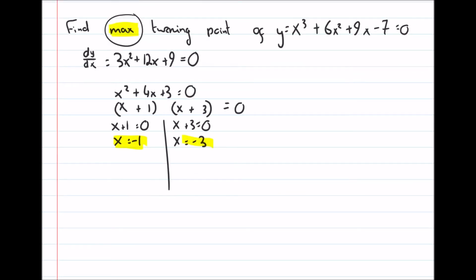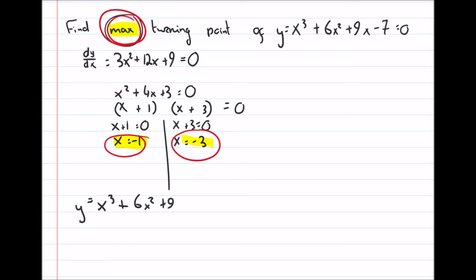Okay, so going back to this question, we have two turning points. I want to find out which of them is the maximum, because I'm looking for the maximum turning point. So I have to take this function, y equals x cubed plus 6x squared plus 9x minus 7, and differentiate it twice.